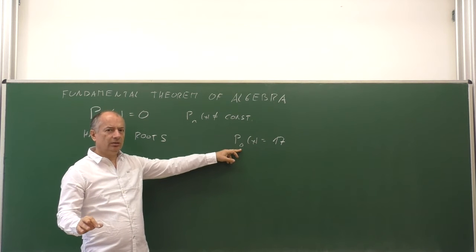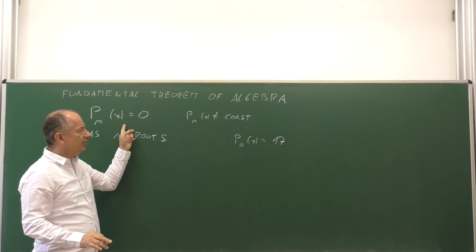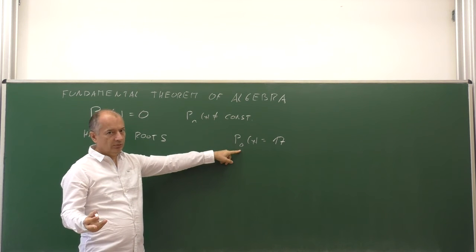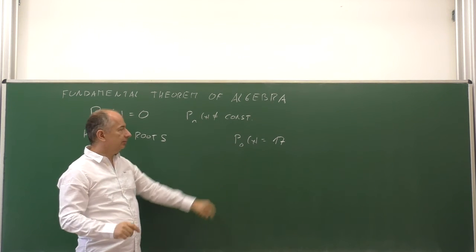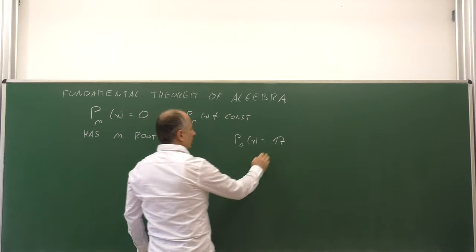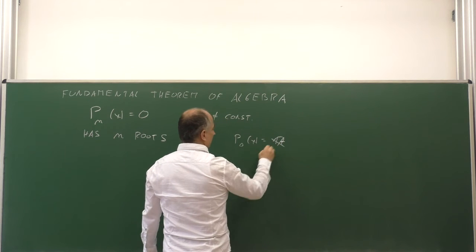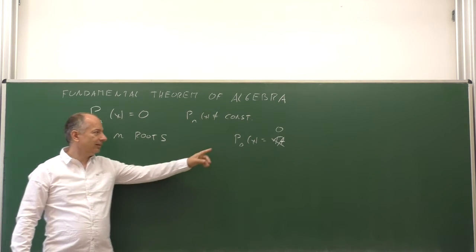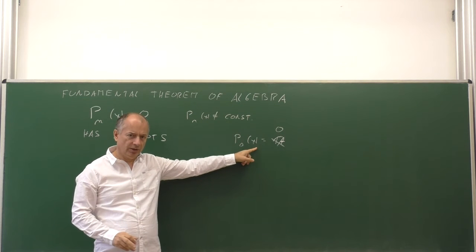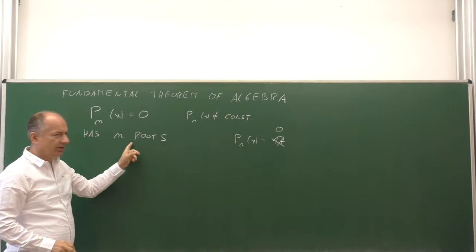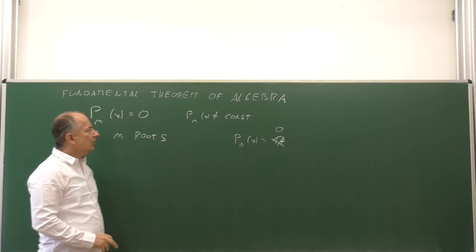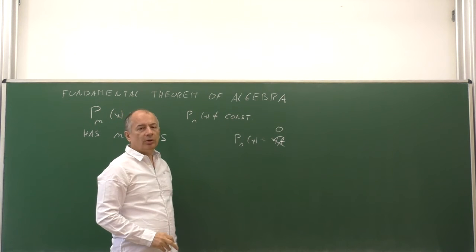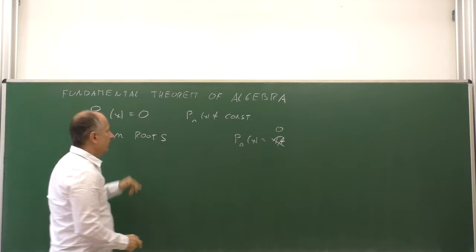This still would fit in this theorem, because order 0, number of roots 0, that would fit. But we can also have constant polynomial equal to 0, and this equation has infinitely many roots, and that doesn't fit in this anymore. So if we put the condition that a polynomial should be non-constant, then everything is fine.